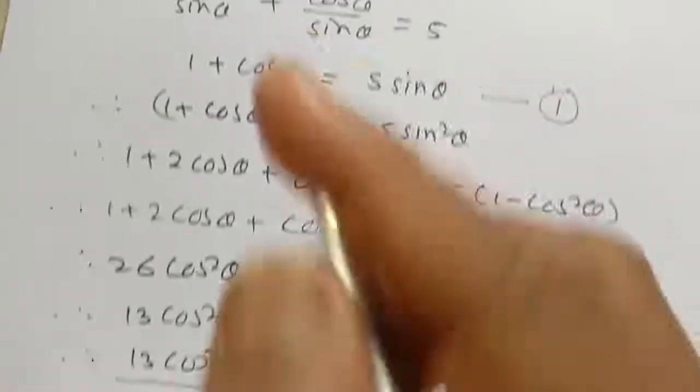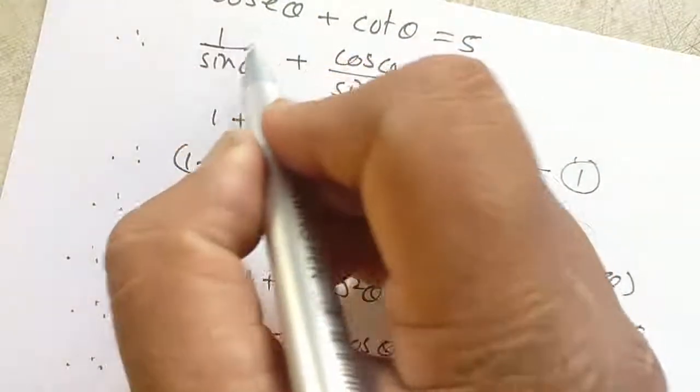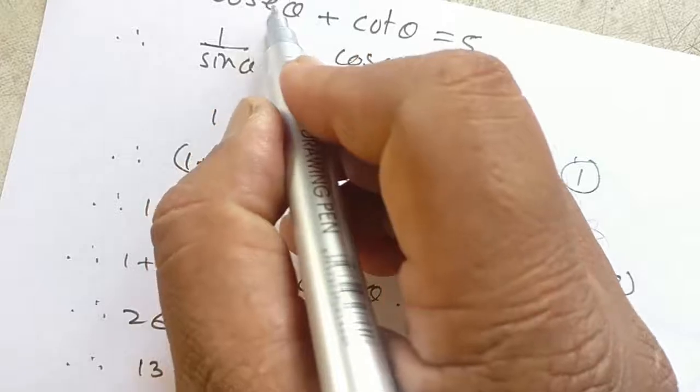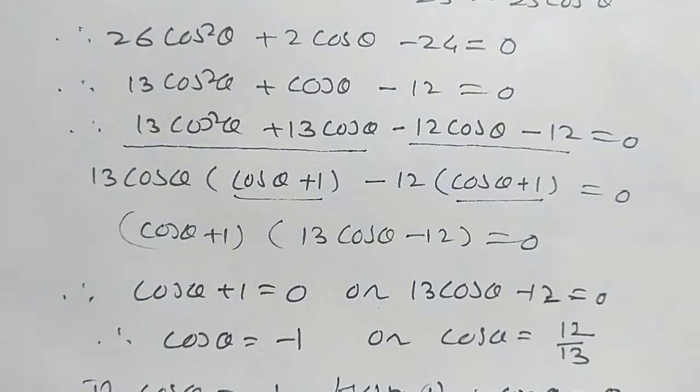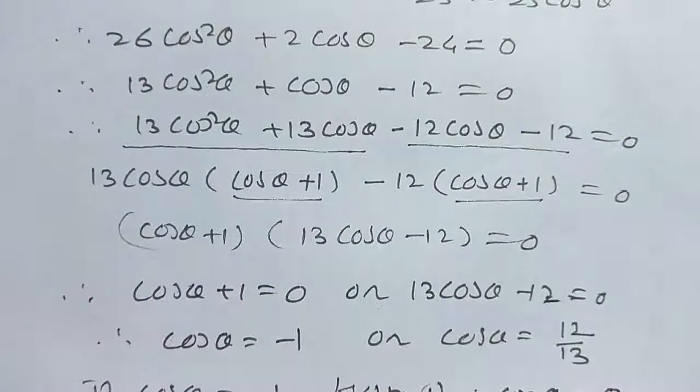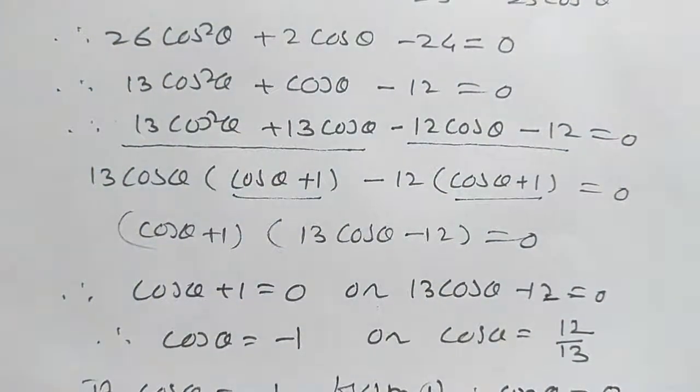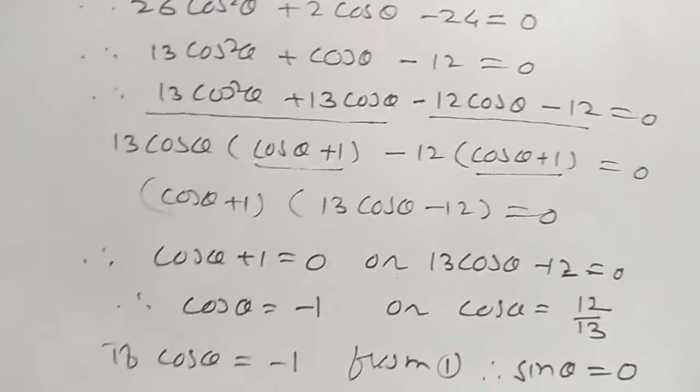By putting sin theta equal to 0, cosec theta and cot theta cannot be defined.